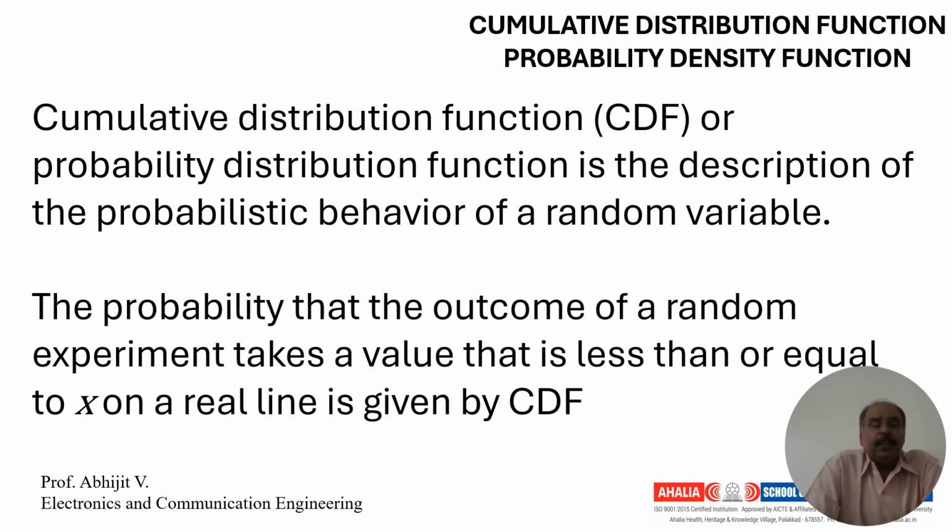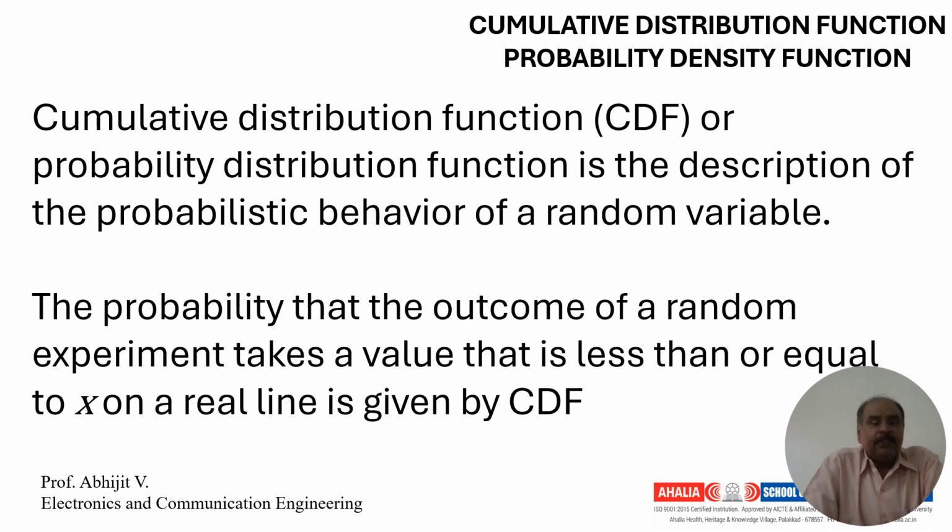CDF is a description of the probabilistic behavior of a random variable, and that is why it is very important. The probability that the outcome of a random experiment takes a value that is less than or equal to x on a real line is given by the cumulative distribution function.